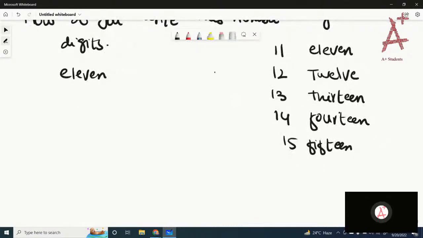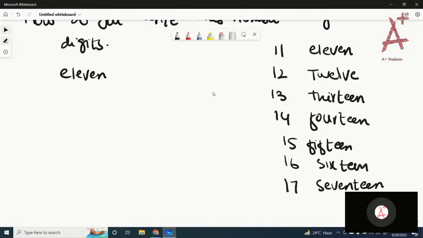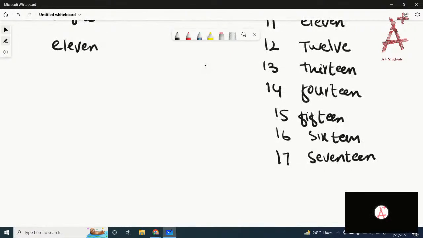Then for 16, SIXTEEN and 16. For 17, SEVENTEEN and 17. You just need to remember these spellings. That's why I am... 18, EIGHTEEN and 18.